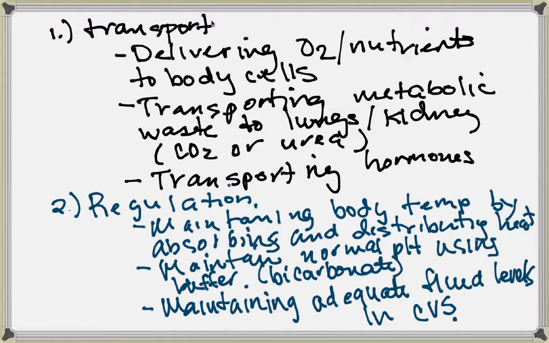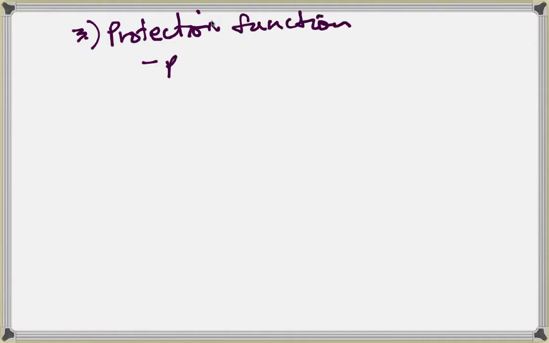So in here we've talked about transport and we've talked about regulation. What's the last major function? Hopefully you remembered it was protection. So the protection functions that we have include preventing blood loss.